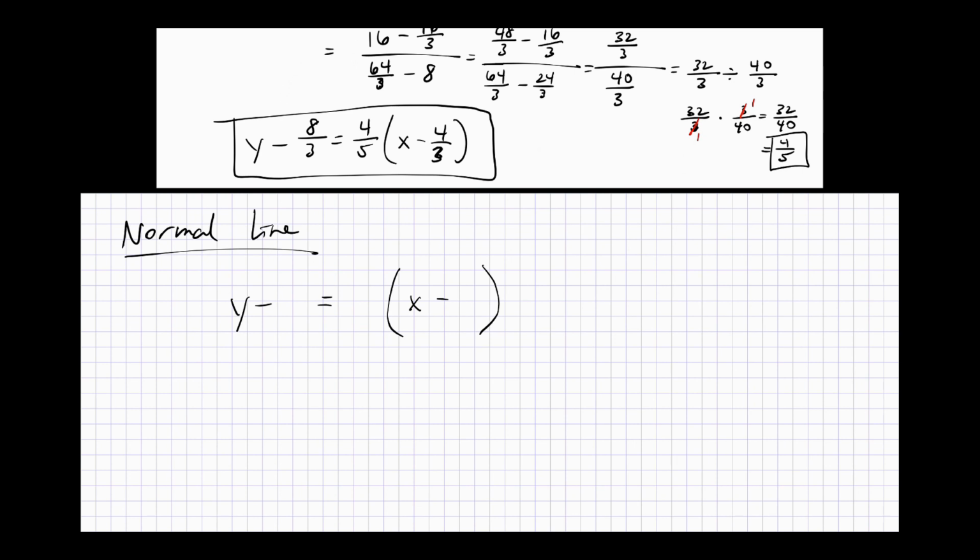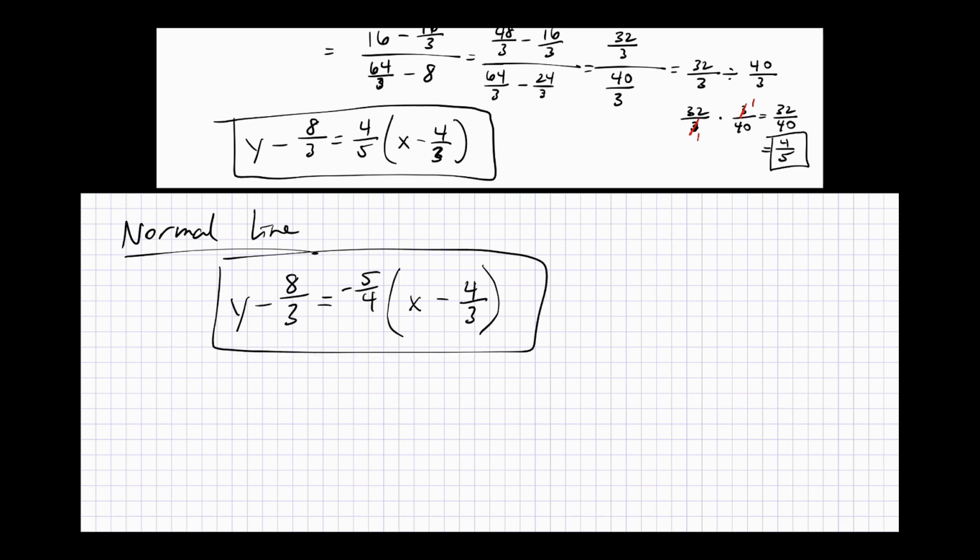What's the only thing that's going to change? The slope. Everything else is going to stay the same. So 8/3 is going to stay. 4/3 is going to stay. What is 4/5 going to be? Negative 5/4. Done.